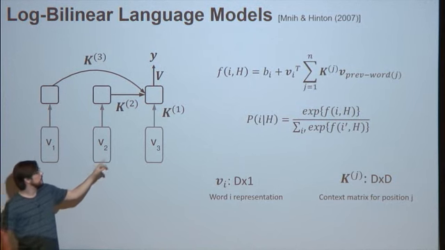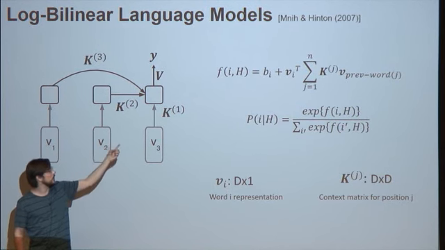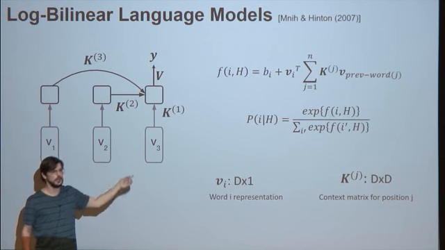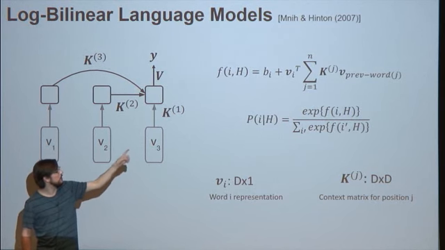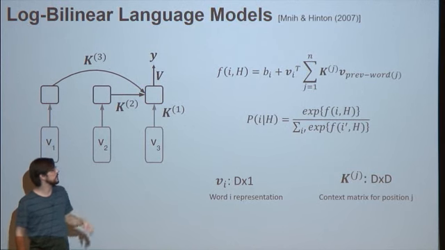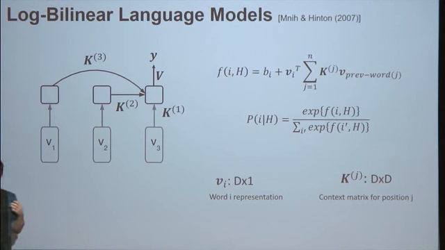To compute a score for output word i, it's the word representation for word i, inner product with the sum of the word representations for all of the previous words that you've seen. But now there are these K matrices, which they call context matrices, which transform a word representation based on a position-dependent matrix. So there's a word representation that's shared across all of the previous words, but it gets transformed by a different matrix based on which position it appeared in. Then you sum all of these up, and you get a score here.